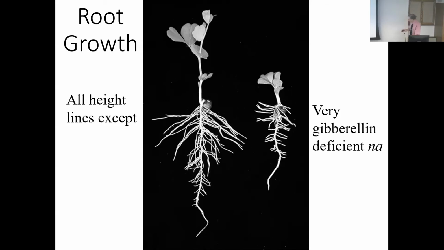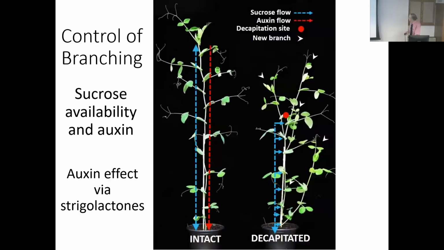Only if you had the very deficient gibberellin mutant NANA did you get smaller roots. For every other mutant of the top of the shoot, the roots look exactly the same as this.